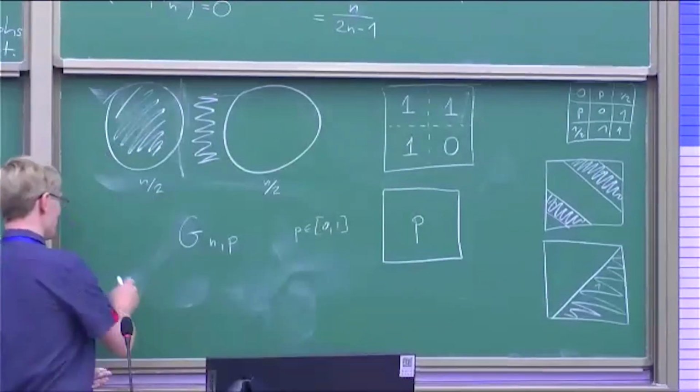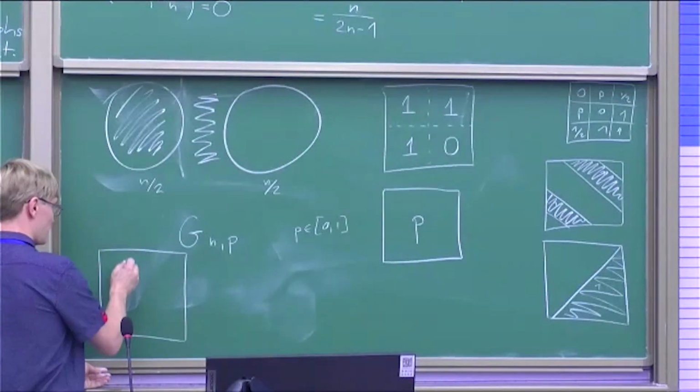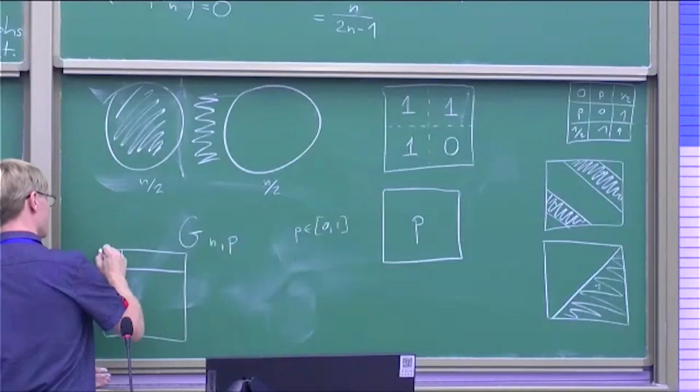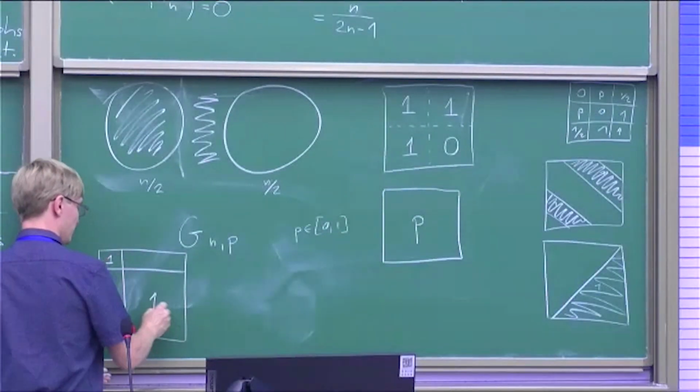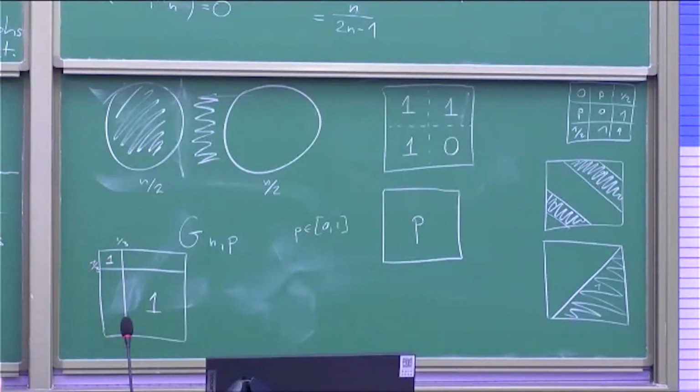Or maybe let's do one more example. Let's say I have 1 here and this is 1/3. Can you tell me what could be a sequence of graphs which is converging to such a graphon?